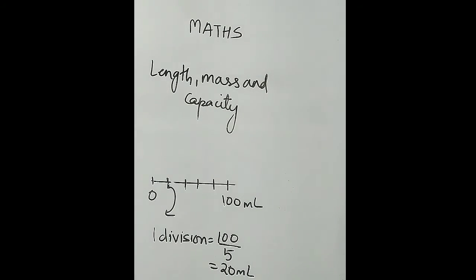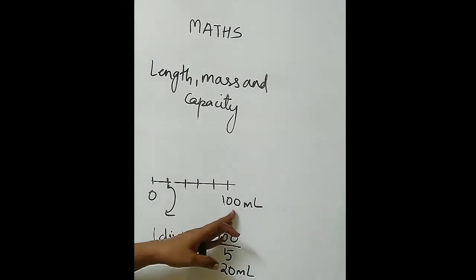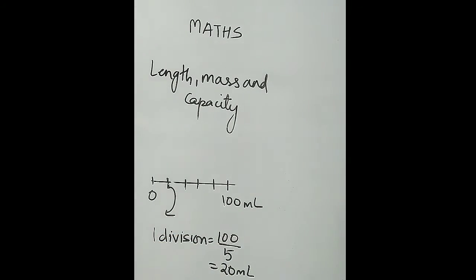It can be ml, it can be kg, it can even be the temperature. Every time it is not necessary that the value will be exactly 100 ml or 200 ml. Sometimes there are decimal points, or you have to calculate it. That is why always remember how to do this method.